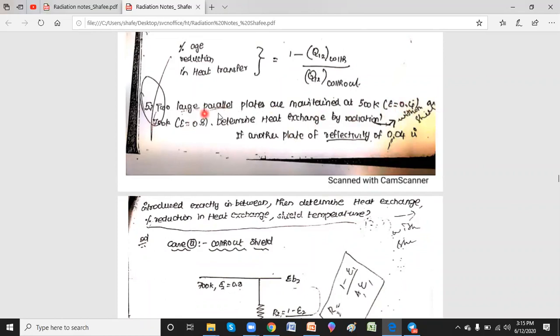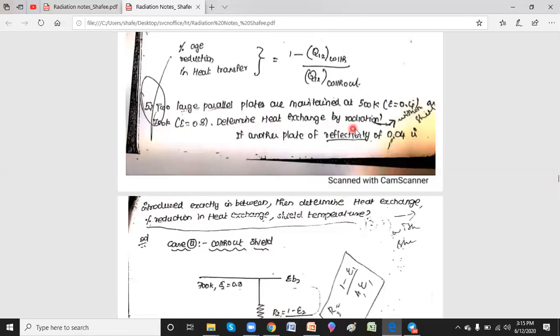Sorry, they have given that two large parallel plates are maintained at 500 Kelvin with epsilon 1 at 0.4 emissivity, and 750 Kelvin with 0.8. Yes, there are two emissivities. One is 0.4 and the temperature is 500 Kelvin. The other is 750 Kelvin and 0.8 is the emissivity.